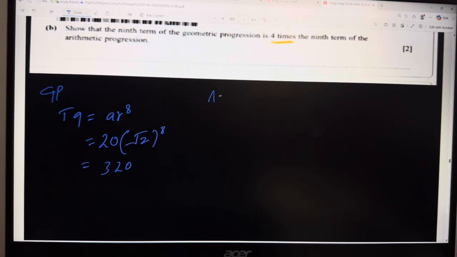And for the AP, the ninth term is a + (n−1)d. So n minus 1 is equal to 8 times d. This becomes 20 + 8 × 15/2, which becomes 80.